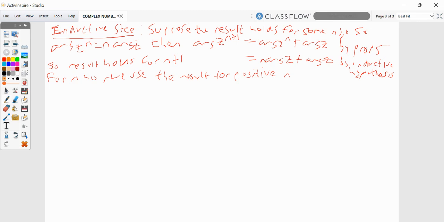So if we use the result for positive n, we fix n to be less than 0, and we let m be minus n, so m is positive, not less than 0, sorry. I will correct that. So that m is positive.